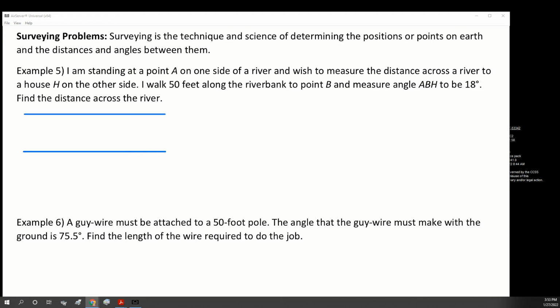All right, so we can make some little water splashes. All right, so I am here, and across the river, directly across, there's a house H, and I'm going to walk down along the river to point B, and then use my surveying tool to figure out the angle to H. And that is going to make a right triangle.